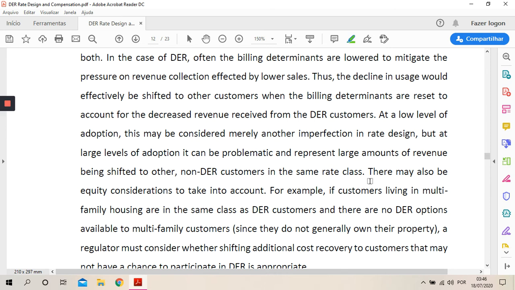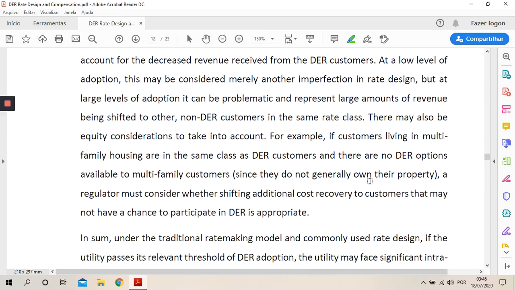At a low level of adoption, this may be considered merely another imperfection in rate design, but at large levels of adoption, it can be problematic and represent large amounts of revenue being shifted to other non-DER customers in the same rate class. There may also be equity considerations to take into account.